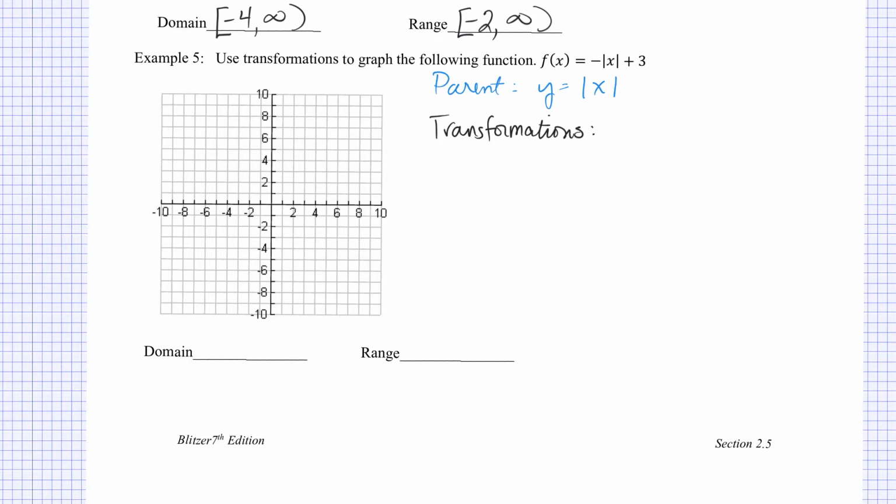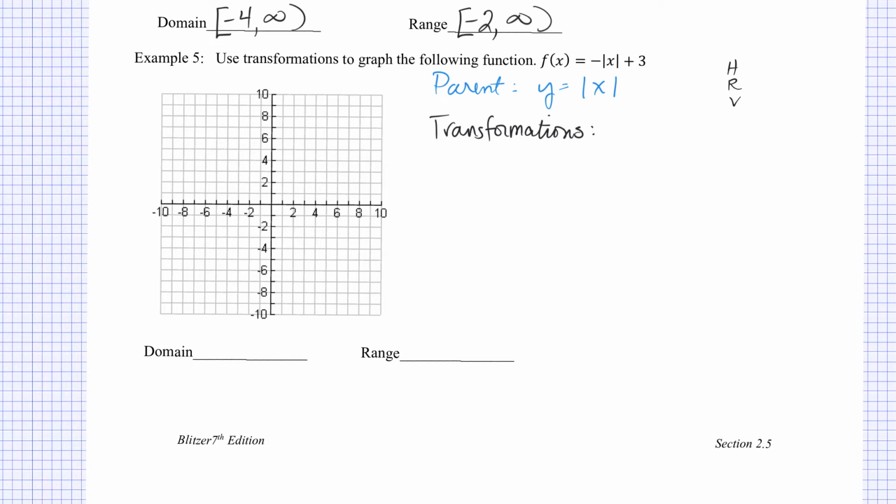Well, I'm not going to have any horizontal translation, right, because I just have the absolute value of x. I am going to have a reflection over the x-axis, and I'm going to have a vertical shift up 3 units. So in this case, it's important that I do those in the right order so that it will end up in the right place. I do horizontal, reflect, and then vertical.